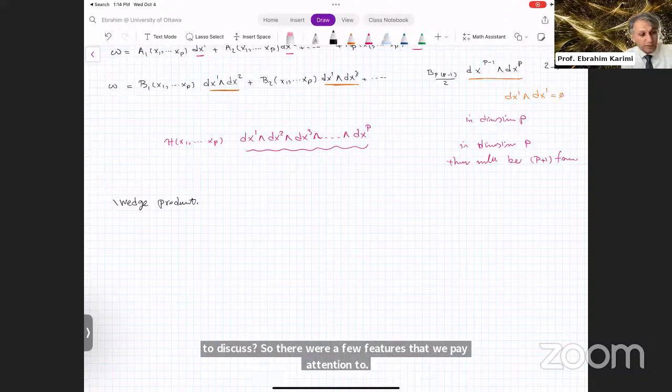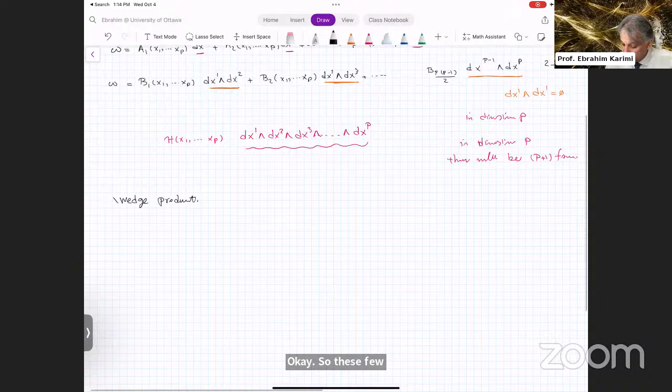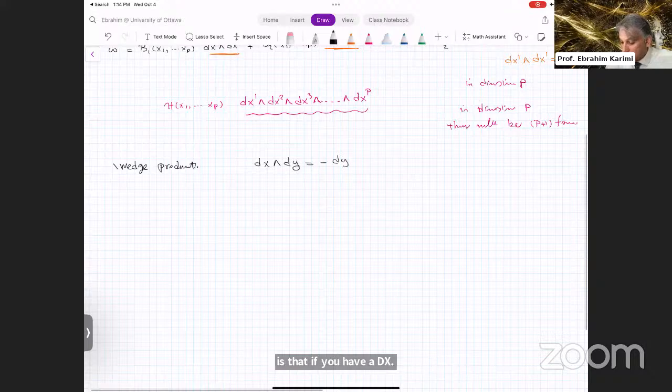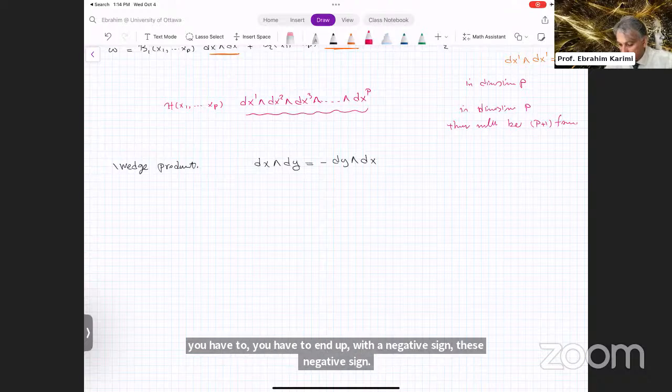The first one, which is very important, is that if you have dx wedge product dy, this is equal to minus dy dx. So it's antisymmetry. Whenever you swap the two differentials, you end up with a negative sign. This negative sign is the feature of that.